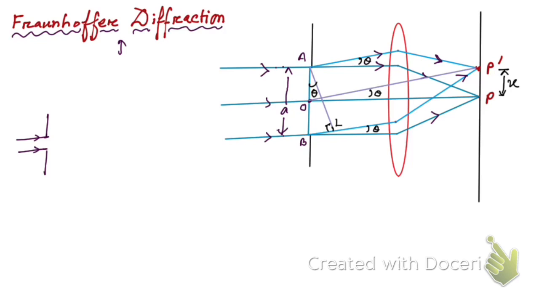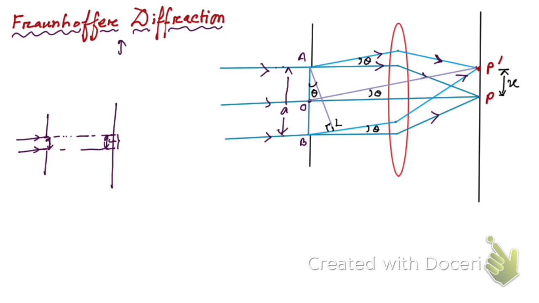Now if you put a screen here, you will see the light not only in this portion, but also outside this region. The width of this region is the same as the width of the slit.